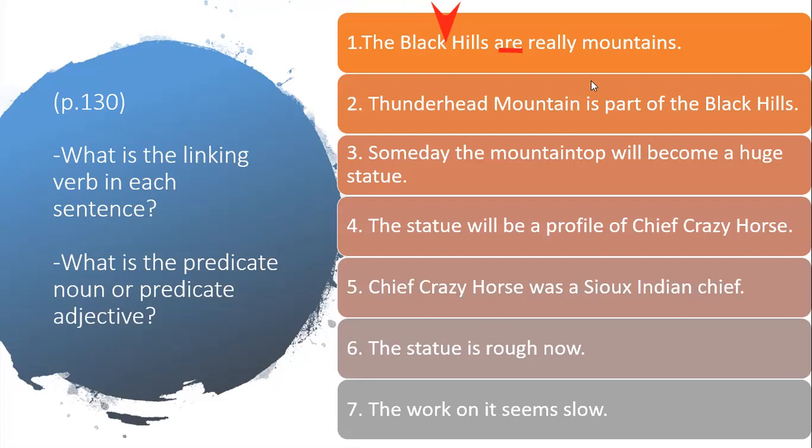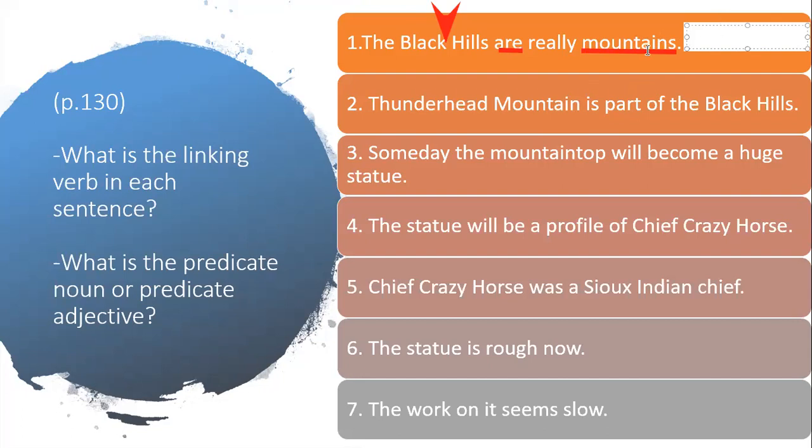So mountains, it's renaming the subject Black Hills. So is it a predicate noun or is it a predicate adjective? That's what you guys are getting ready to tell me, right? When you rename, is it a predicate noun?